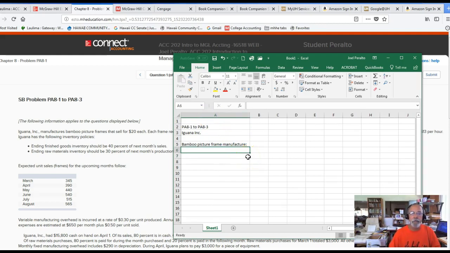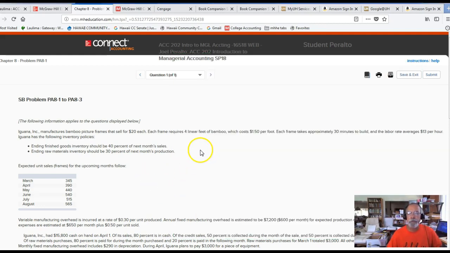Let's see, we have selling price, $20. Then we have cost breakdown. We got direct material. Direct material is 4 linear feet of bamboo, $1.50 per foot.